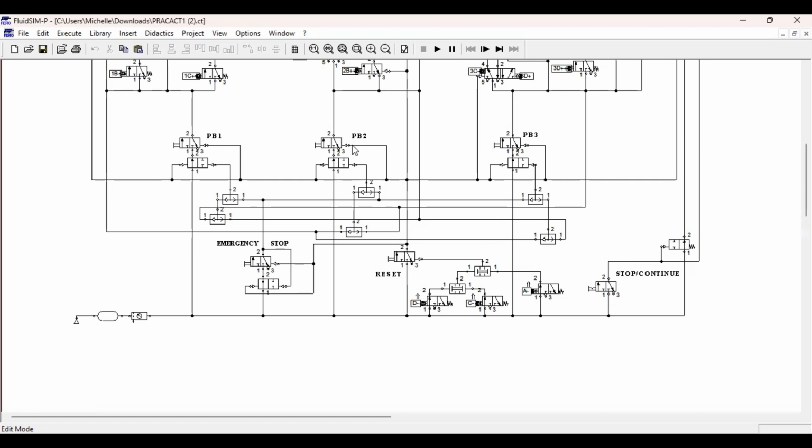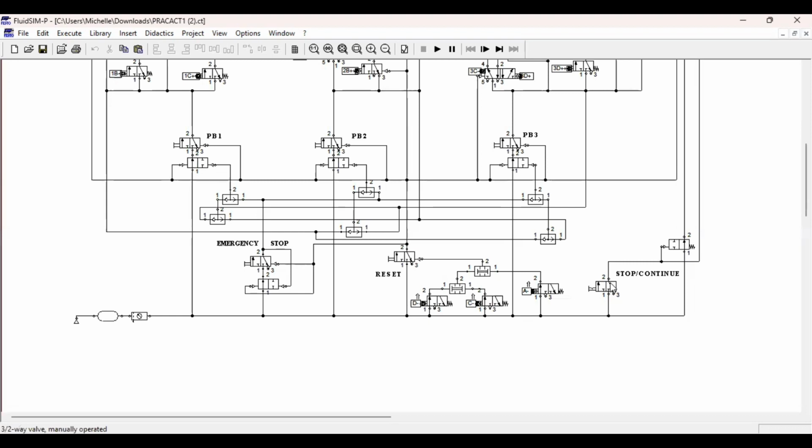And for the last button, we have here the stop and continue button. Itong button namang to is once na kinlik mo siya, automatic na mag-i-stop sa paggalaw si system. And kapag kinlik mo ulit siya ng isa pa is automatic din na babalik sa pag-work ang mga actuators.